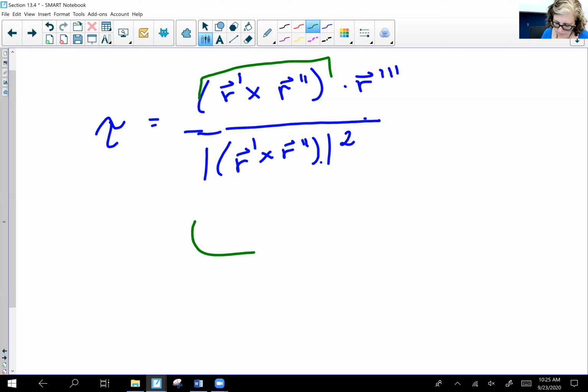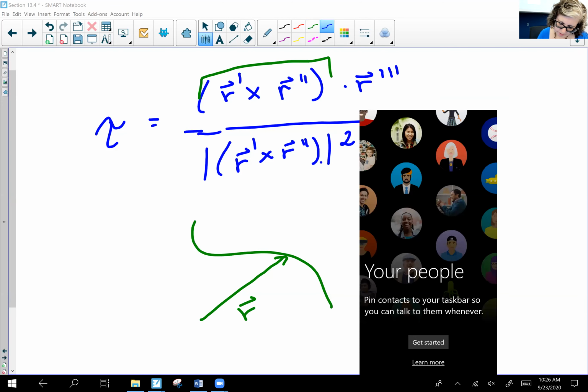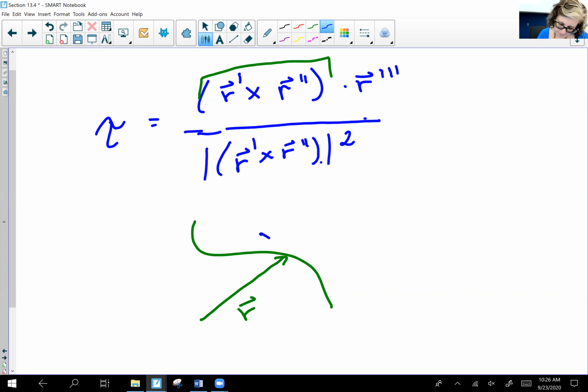We have a path, a scenario happening. We have the position, and then we have the velocity vector. The first derivative is the velocity.